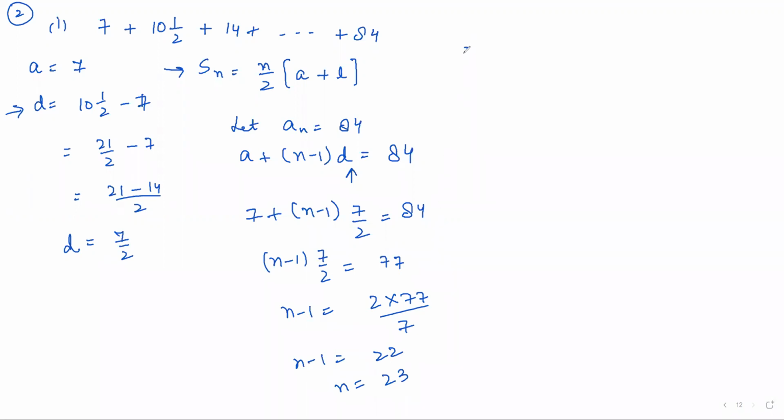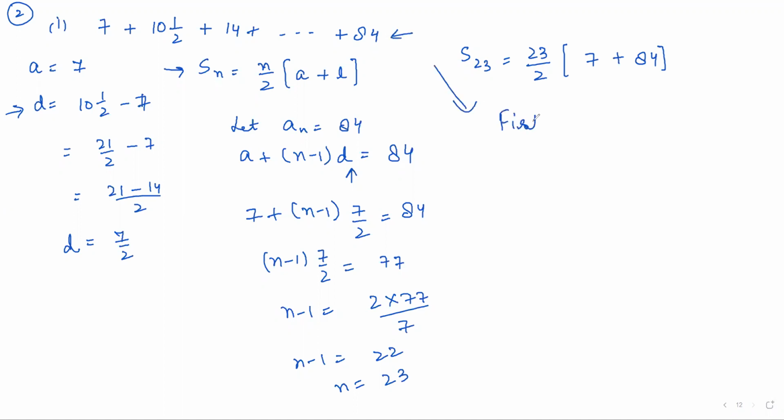Now you can find S23 ultimately. So S23 is 23 divided by 2 and A is 7. Last term is 84. So now you will be able to find it. So in this kind of question, where the last term is given, ultimately you have to find n.